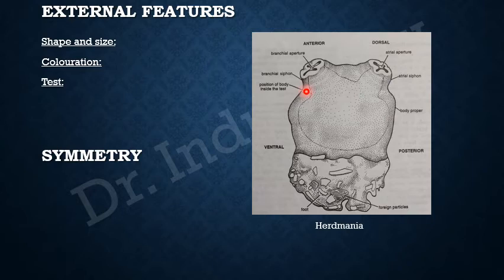There are 7 different kinds of cells present in the matrix of Herdmania, and there are fibrils, spicules, and vascular tubes. So I've told you about shape and size, coloration, and test of the animal. And symmetry also I've already explained, antero-posterior and dorso-ventral.